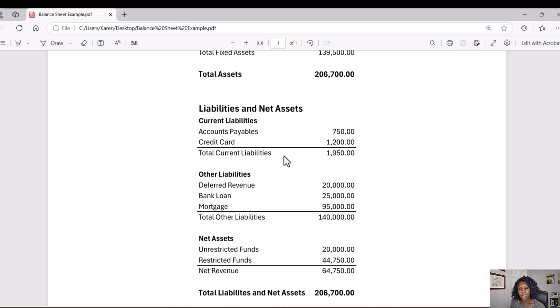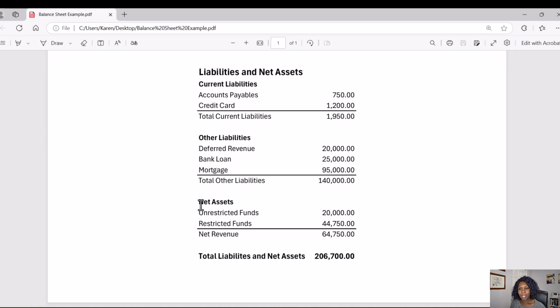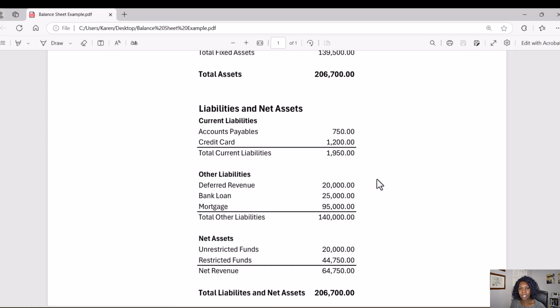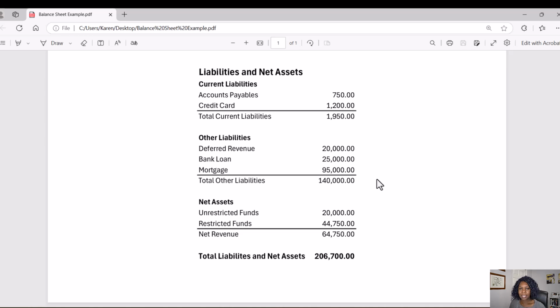All right, so next section is our net assets. So within the net assets is essentially your total assets less your total liabilities. And your net assets is comprised of unrestricted funds and restricted funds.